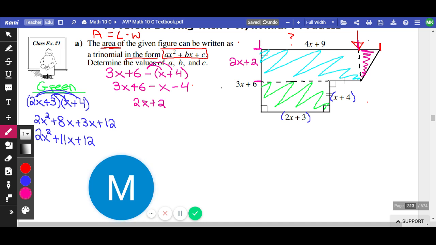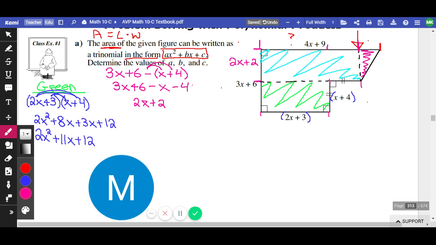From here to here is 2x plus 3. That's the same as there to there, 2x plus 3. Then from here to here is x plus 4, and from here to here is x plus 4 as well. So I could add these two to get the gap across the top I actually want.